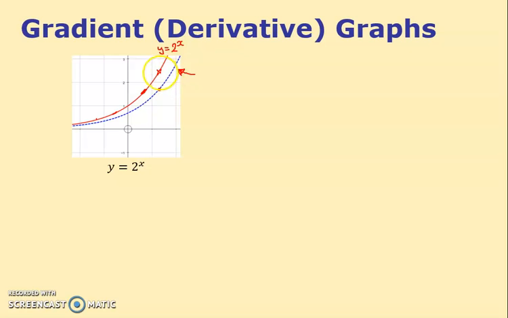Now you've got to take my word for this. So it says at this point here, the gradient has a value of about 1.6-ish. And you go, okay, fair enough, if that's what you say. Here, the computer has told me the gradient is not so steep. It looks about 0.8-ish there. And I know that because it's plotted it at 0.8. At this point, it's got a gradient of about 0.4.